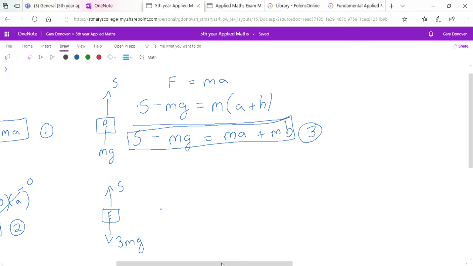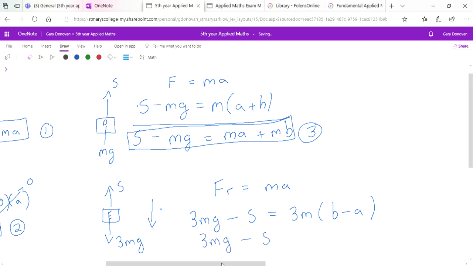If it's moving down then as well, we're saying that 3mg is bigger than S. So our force would be 3mg minus S equals its mass 3m times its acceleration, which was b minus a. So we write that out and simplify that out then. We have 3mg minus S equals 3mb minus 3ma, and that's equation 4.